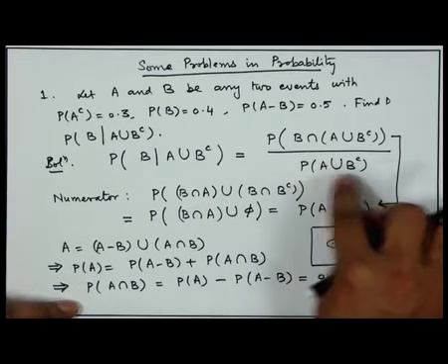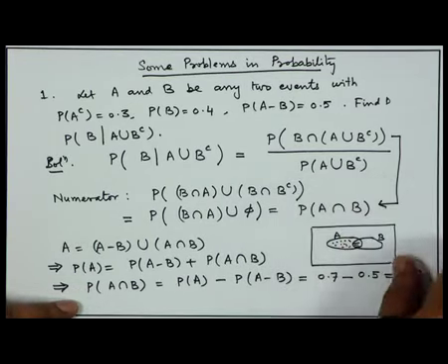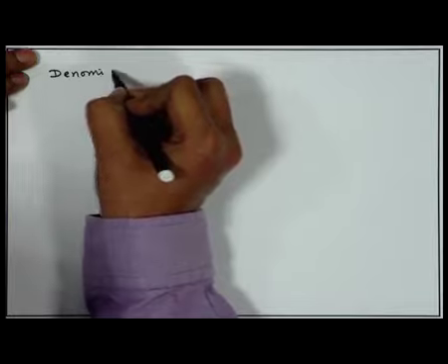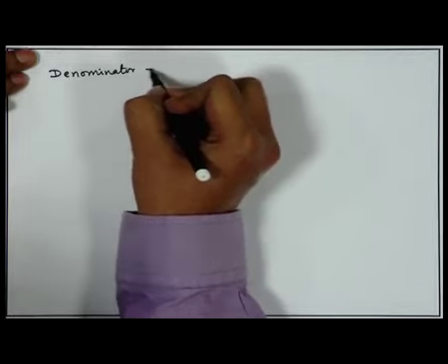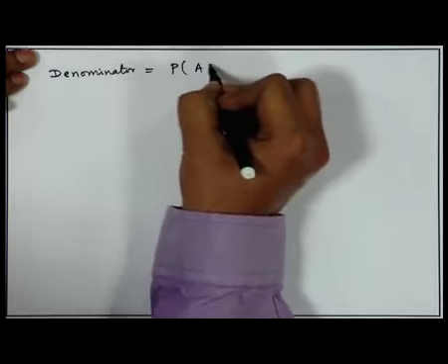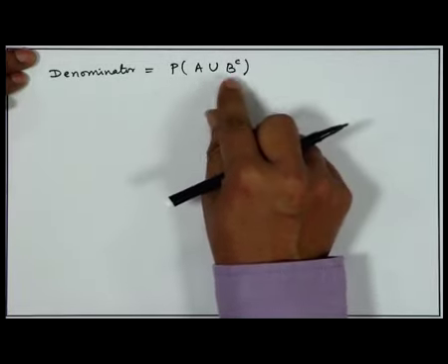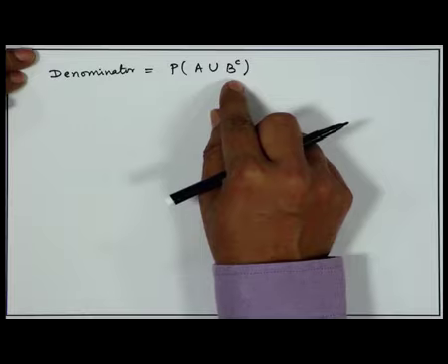Now, let us look at the denominator. The denominator is probability of A union B complement. On A and B complement, we apply the addition rule.